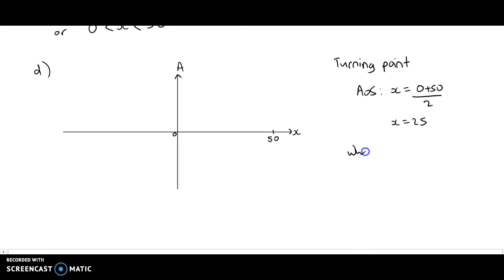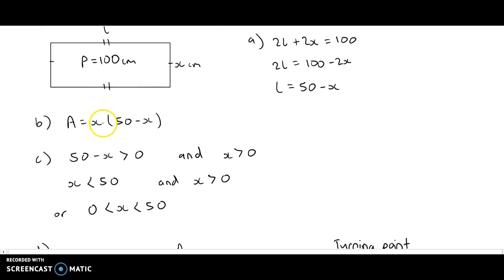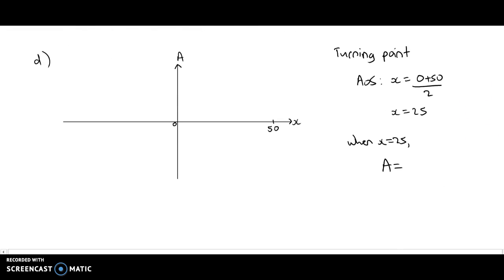When x equals 25, A equals, let's go back to our rule, A was x outside of 50 minus x, so 25 outside of 50 minus 25, which gives us 25 times 25, which gives us 625.